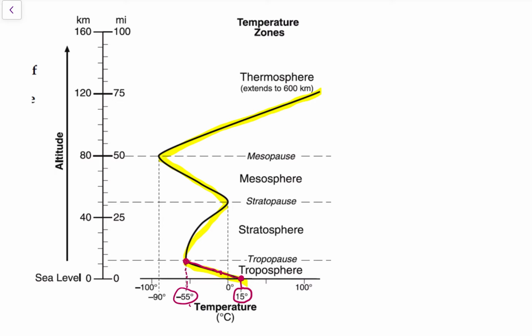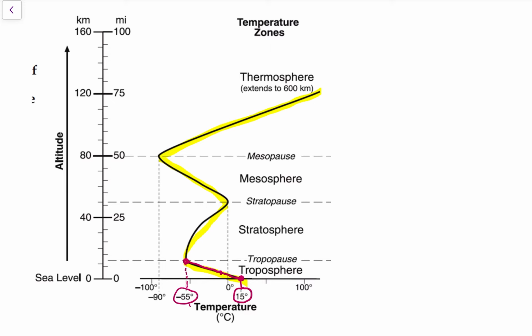So by analyzing this line, I can see that as I go up in the troposphere, the temperature goes from 15 degrees Celsius to negative 55 degrees Celsius. The temperature is going down. As you move up in the troposphere, the temperature decreases.